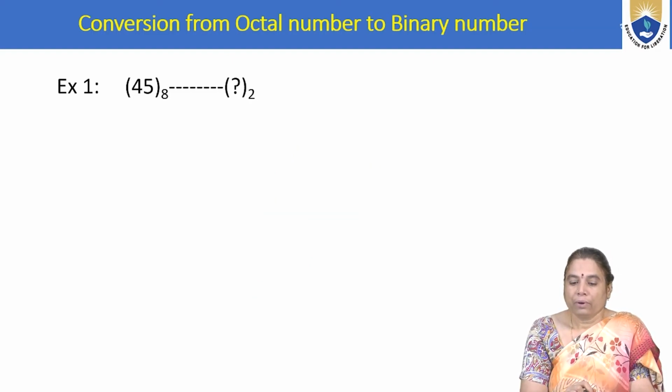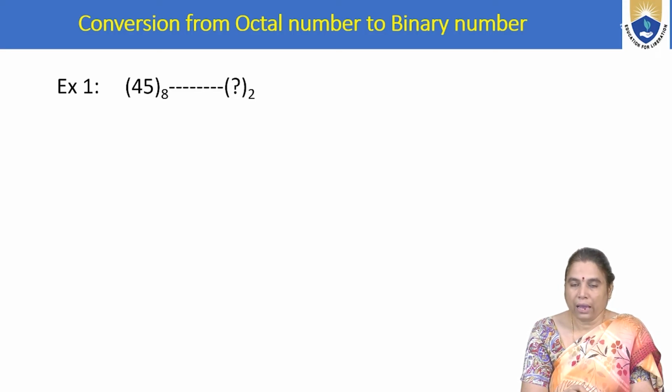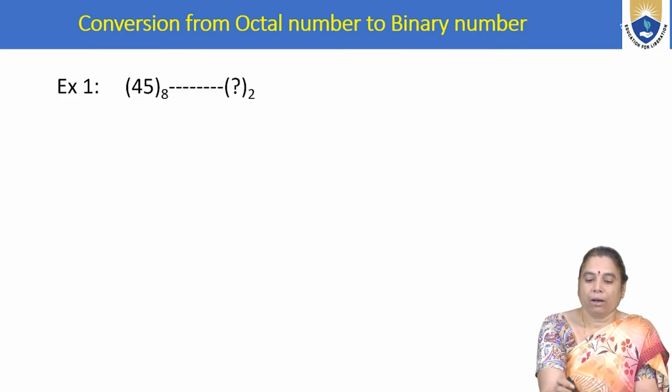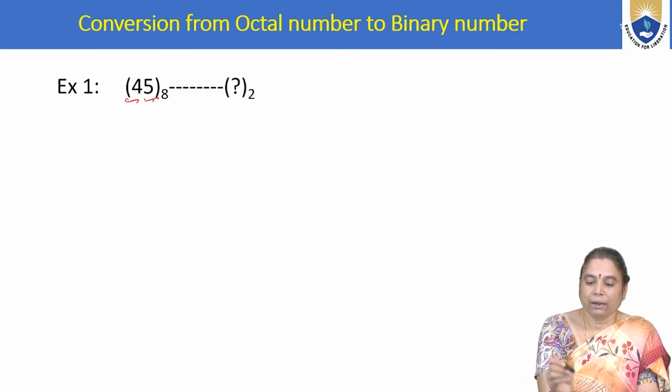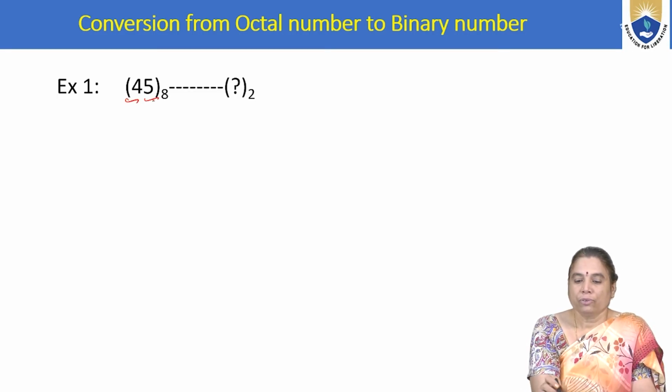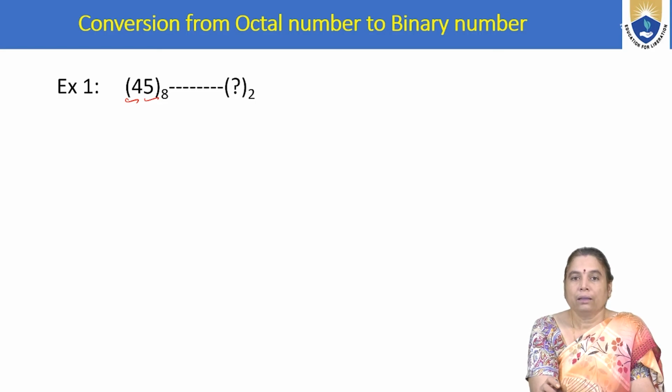Now, how to convert from an octal number to a binary number? An octal number can be used to represent each digit as a 3-digit binary value. So the equivalent of 4 and the equivalent of 5 can be written so that we can get the equivalent binary number.